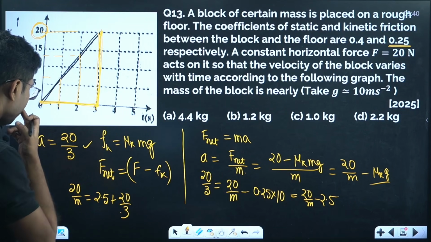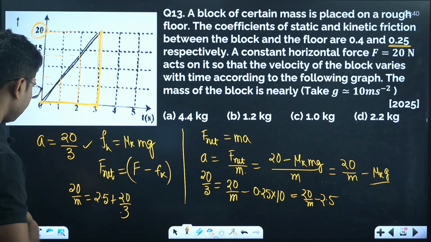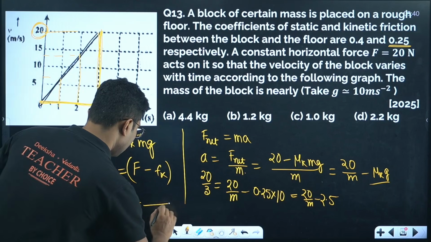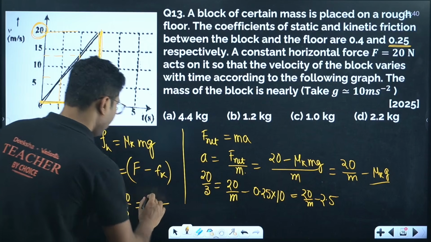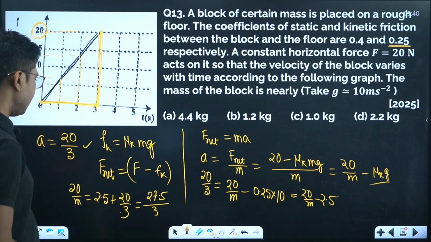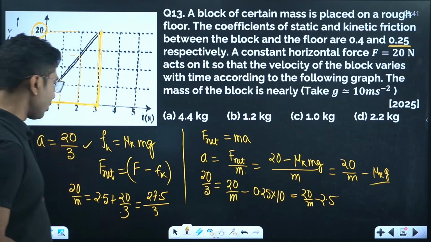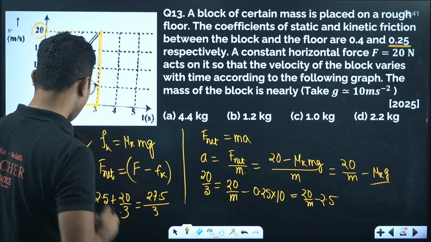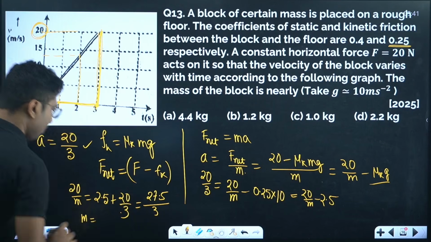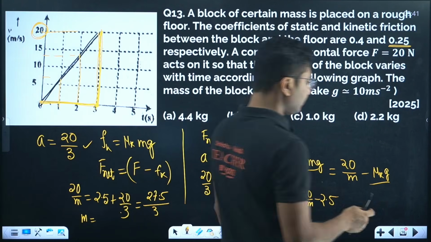How can we solve it quickly? Now you can do the cross multiplication to find the value of m. So m will be equal to, let me add a slide.